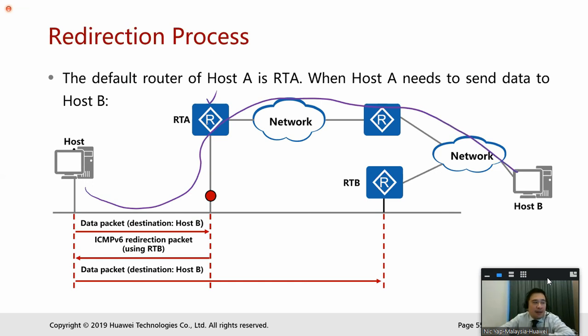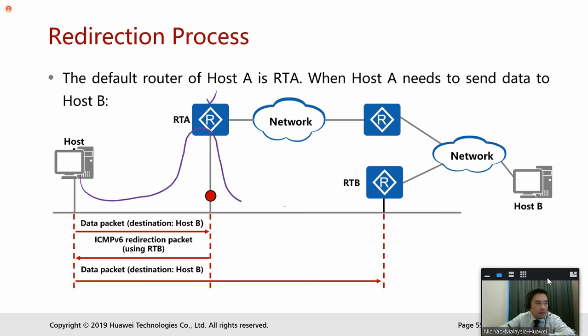But based on router A, it detected that the way for router A to go to host B is something like this. This is the best way for host A to go to host B.